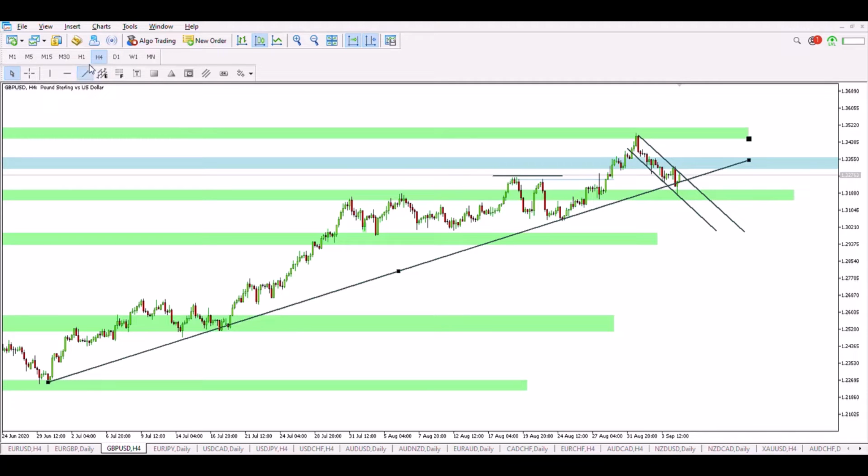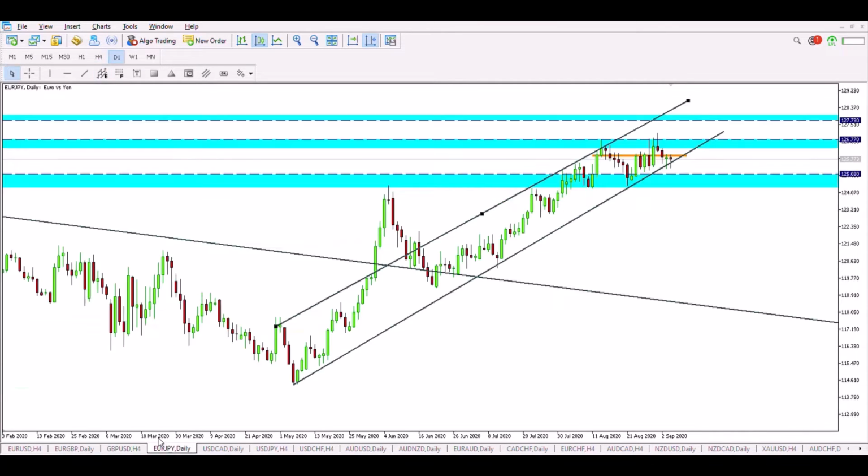I remind you guys that we are still in a bullish trend, so don't be hurrying with the shorts. Wait and see for the bullish or bearish signals from the market. Okay, let's move to the next one, and the next one is Euro JPY.